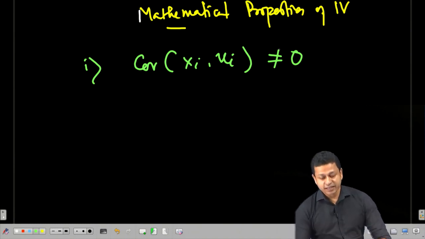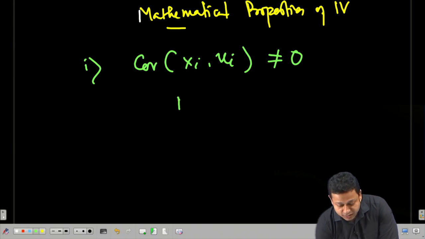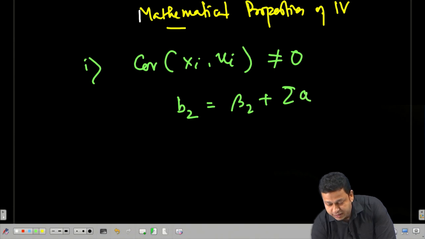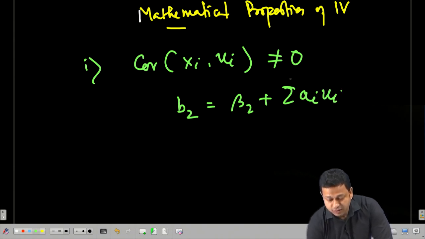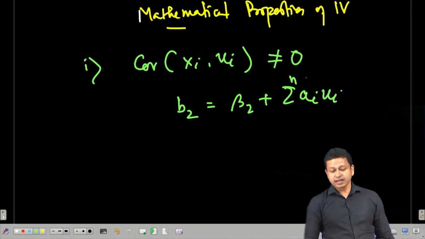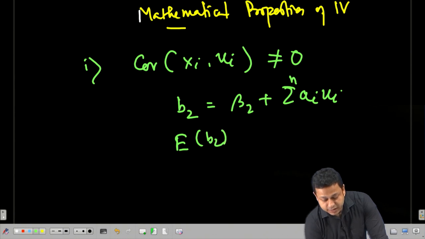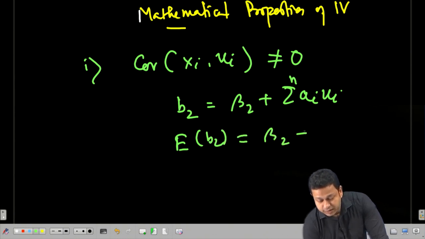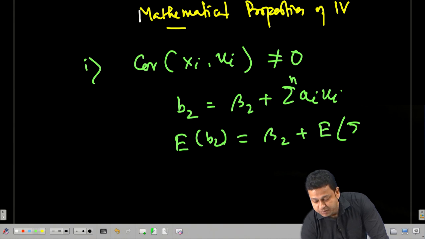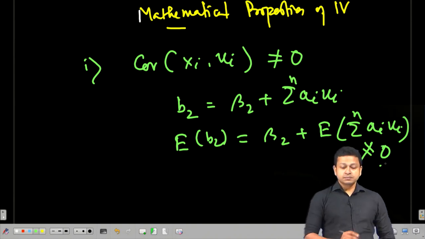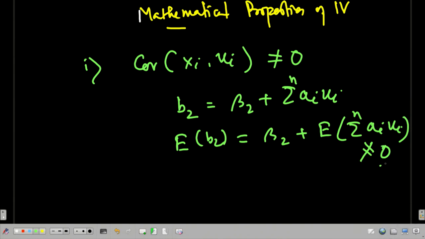I have proved it using this formula, summation ai ui over all n. If my xi and ui are not independent, and I take an expectation, I have beta 2, but this term is not going to be equal to 0, and that is creating the bias term.